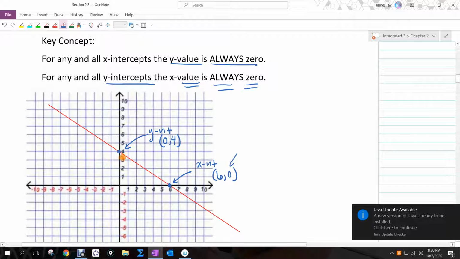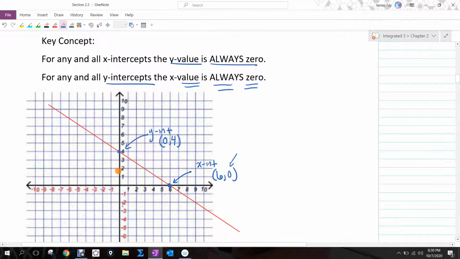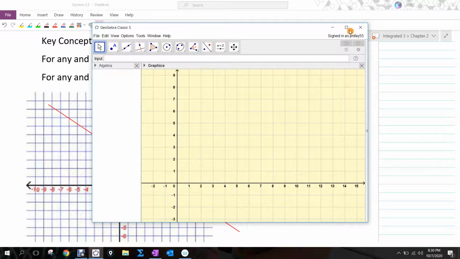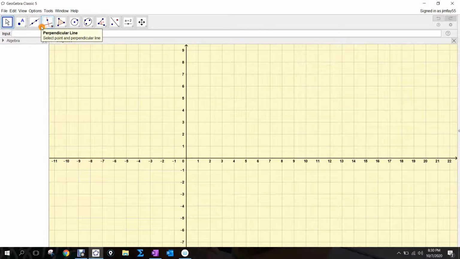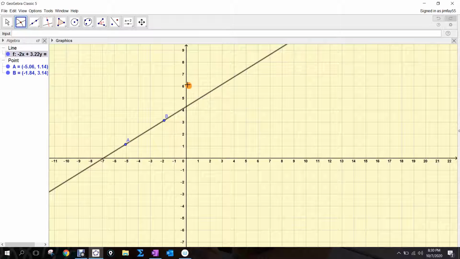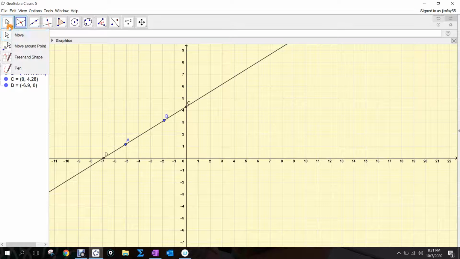Now, however you want to move those points around, I'll demonstrate this with GeoGebra real quick for you. So I just put in any line here that I want and ask it for that point C and that point D, okay?